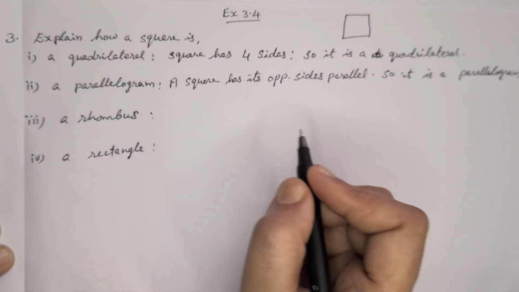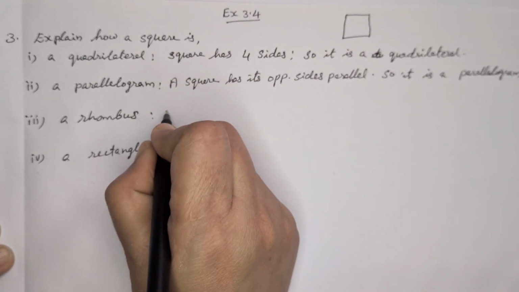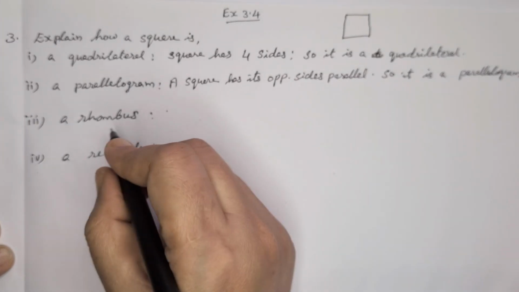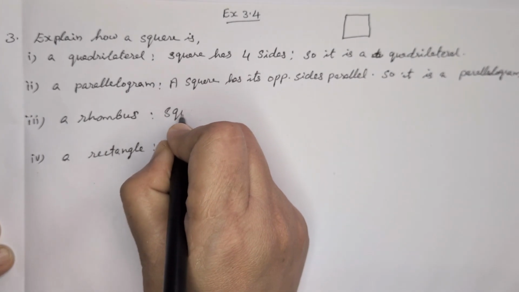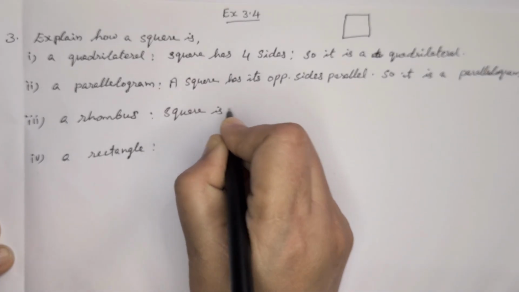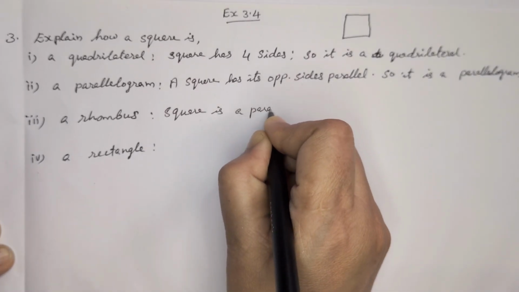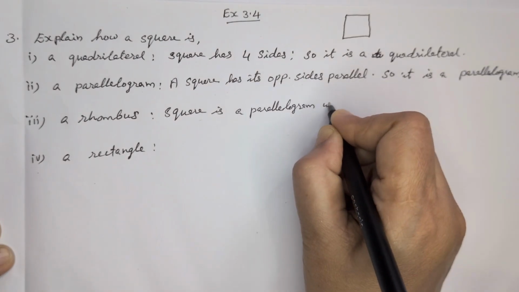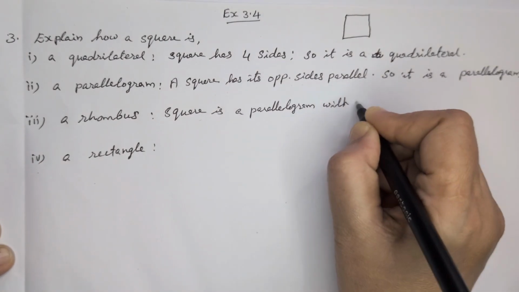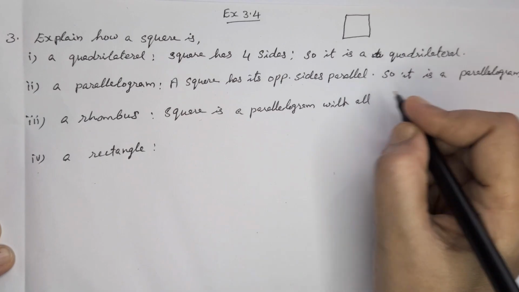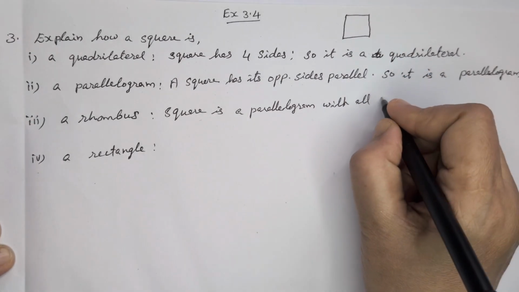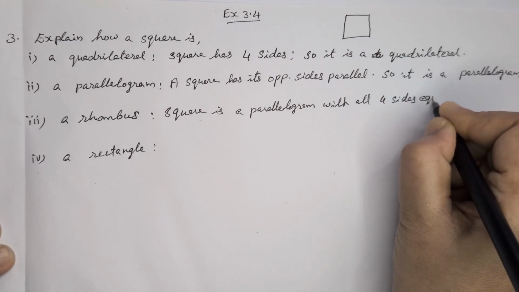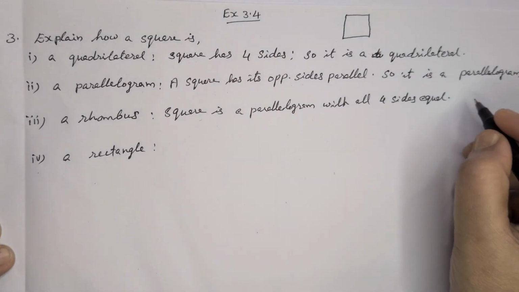Then rhombus. Square is already a parallelogram with all sides equal. So we can say that is a rhombus.